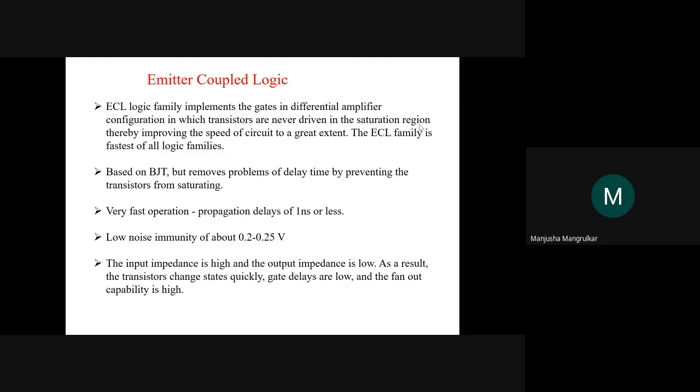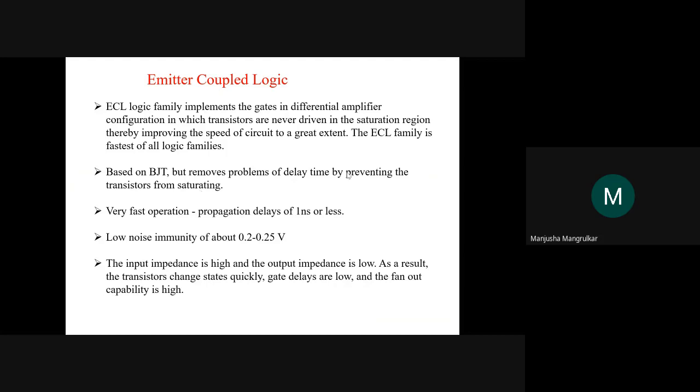It is never driven into saturation, thereby improving the speed of the circuit to a great extent. The ECL family is the fastest of all logic families. ECL is based on BJTs, but it removes the problem of delay time by preventing the transistor from saturating, right?